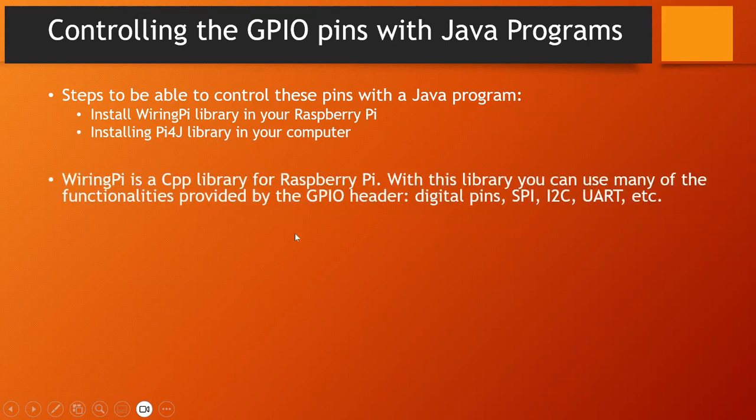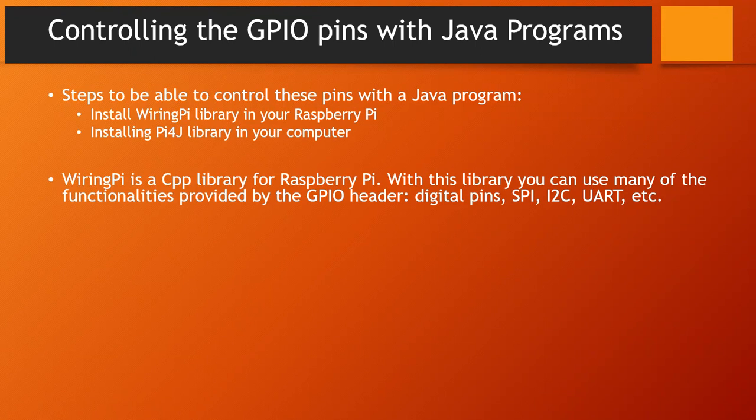WiringPi is a C++ library for Raspberry Pi. Normally it is used to access registers in a microchip. It's normally used from C++, not Python, not Java. They just go straight for C++. When you download this WiringPi, you need to compile it at least once.